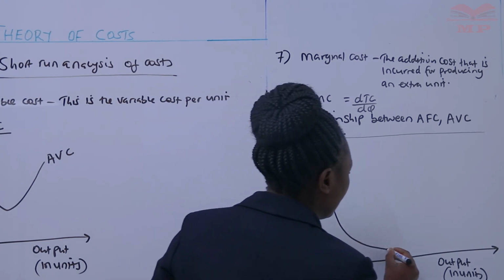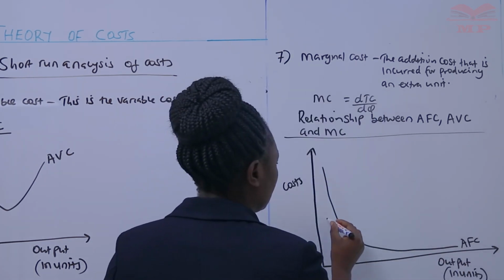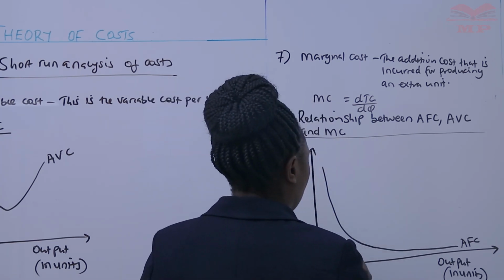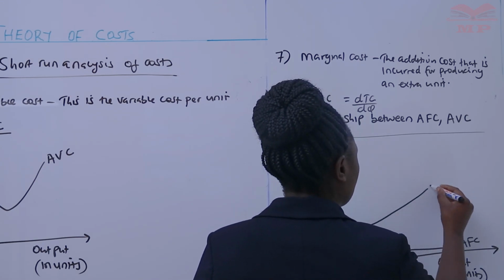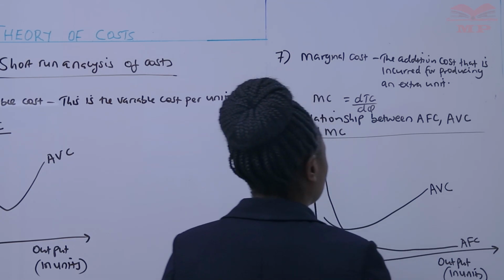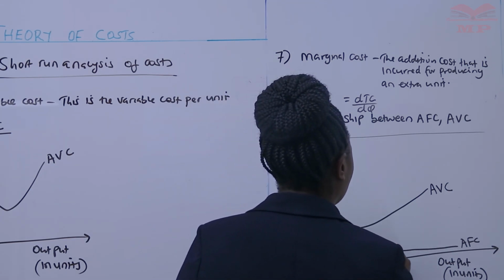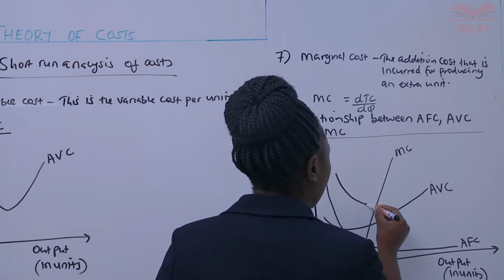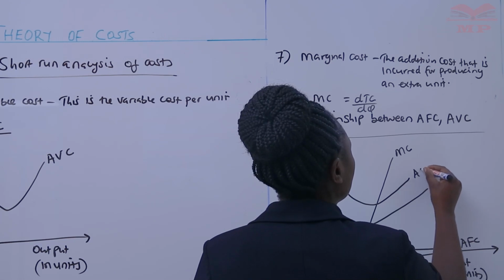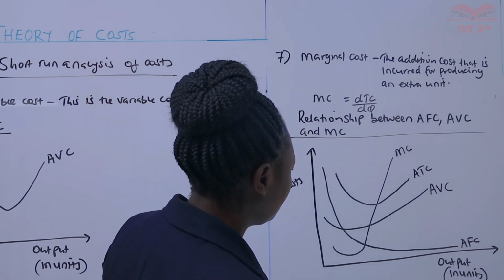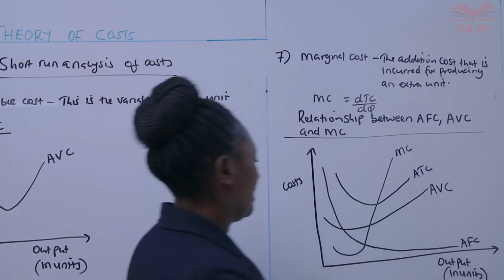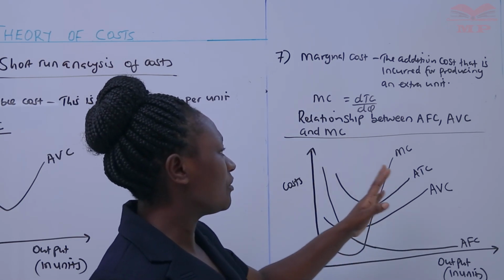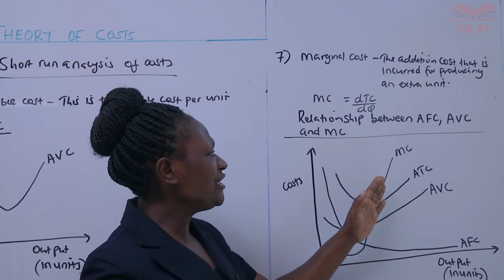We have the average fixed cost, the average variable cost, then the marginal cost, and then the average total cost.